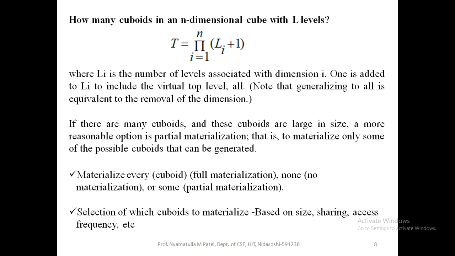The size of each cuboid also depends on the cardinality, that is the number of distinct values of each dimension. For example, if all electronics branches in each city sold every item, there would be city times item tuples in the city-item group-by alone.